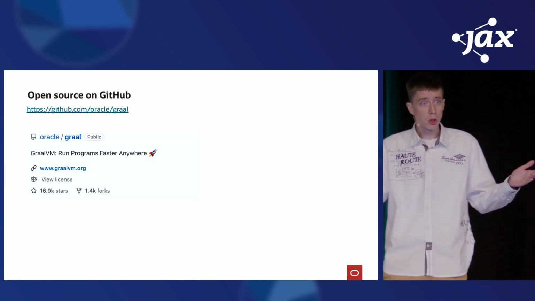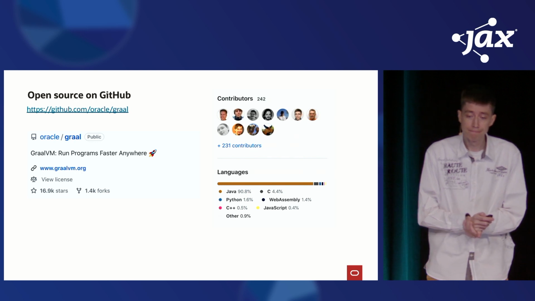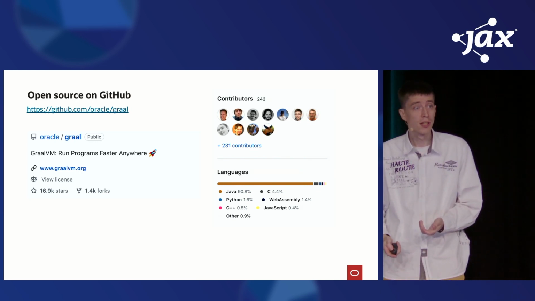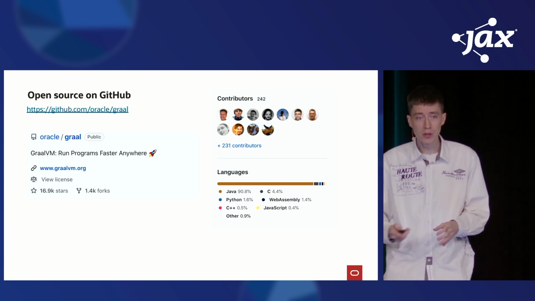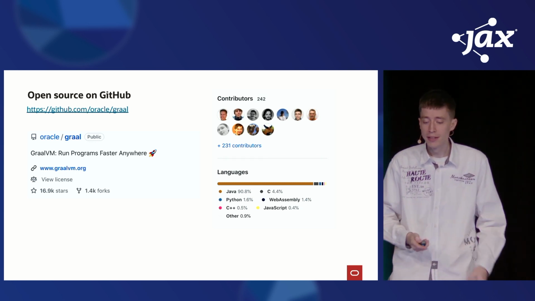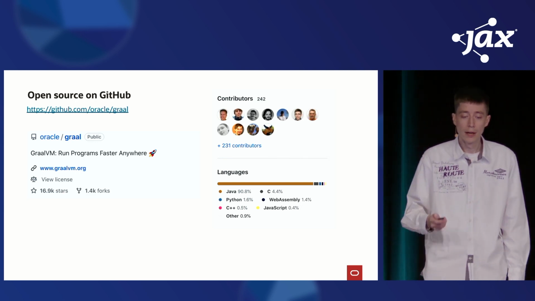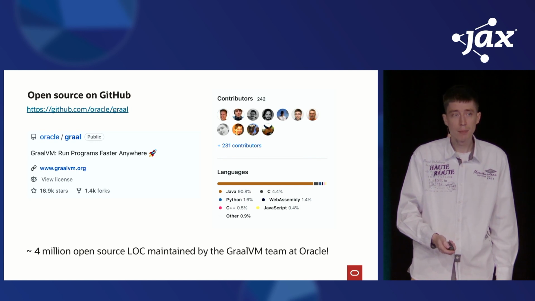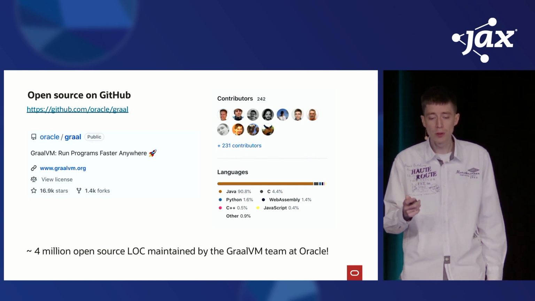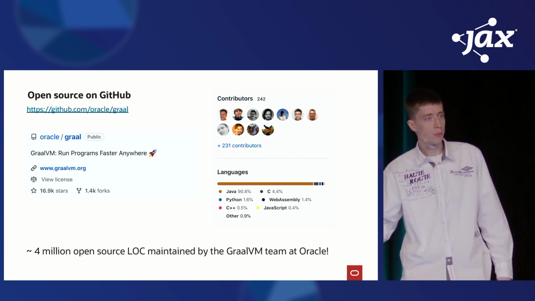So GraalVM is an open source project. We're on GitHub. We have many contributors, and we are, of course, one of the largest Java open source projects because GraalVM itself, including the JIT compiler and VM, is almost entirely written in Java. The GraalVM team is maintaining about 4 million lines of open source code on GitHub with GraalVM and the related projects.